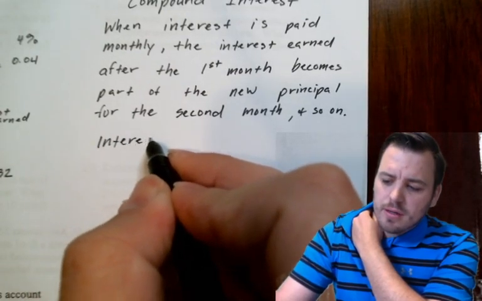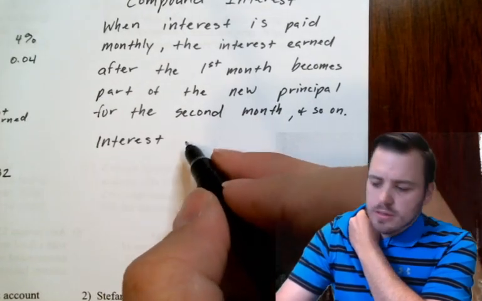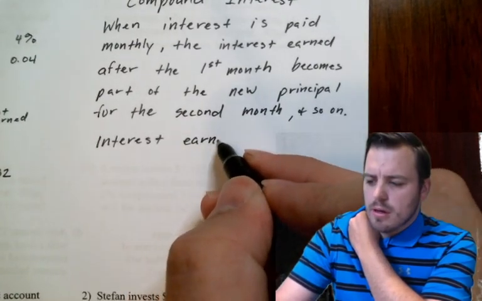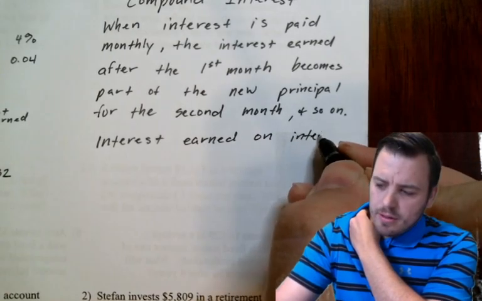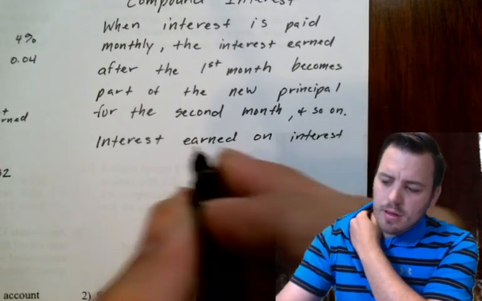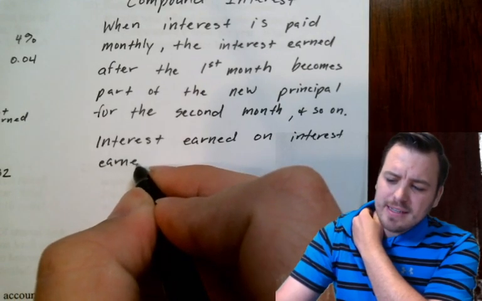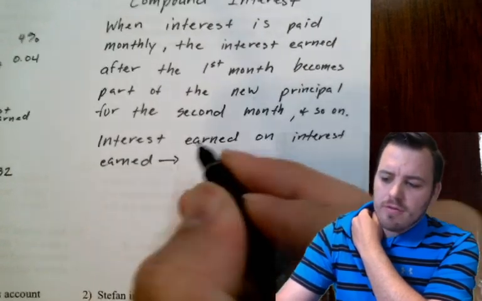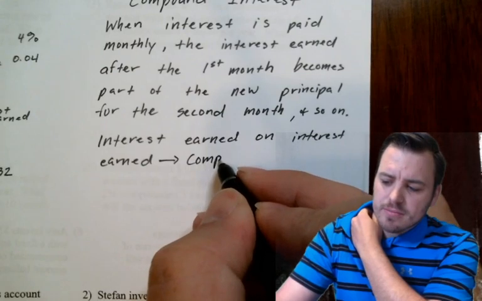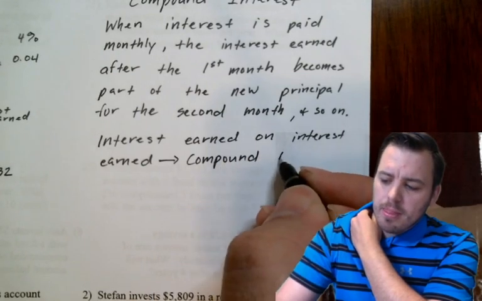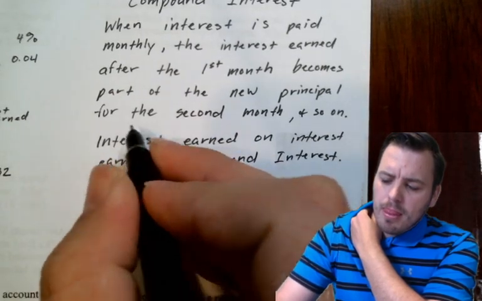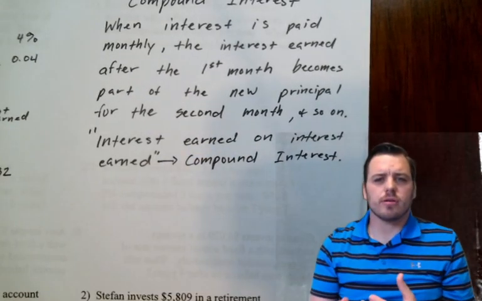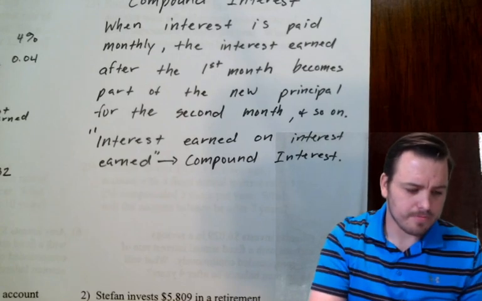Interest earned on interest earned. That is your basic definition of compound interest. Interest earned on interest earned.